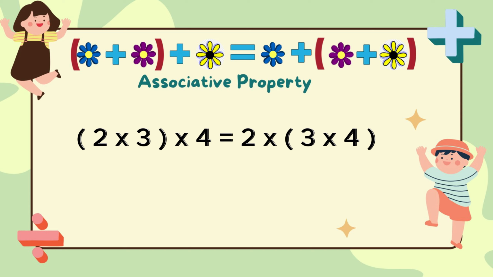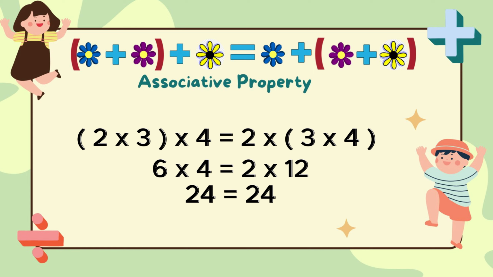So again, they are different, but let's see if we will still get the same result. 6 times 4 is equal to 24 and 2 times 12, the answer is also 24 and they are equal. So we have the associative property of addition and the associative property of multiplication. So again, rearranging the parentheses in an expression does not change its value. So it's called the associative property.